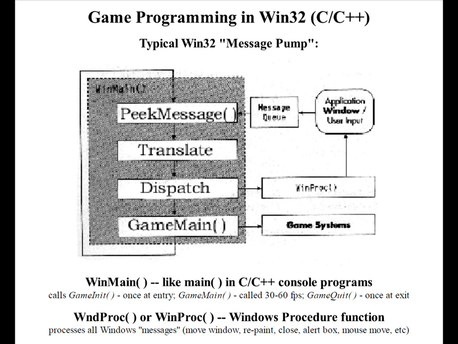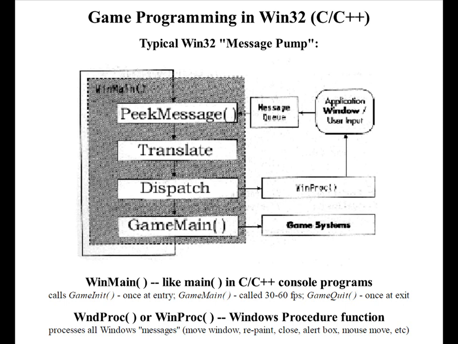And what is a message? A message is a thing like, okay, the window has been moved. Oh, Windows has to repaint. Oh, the person is trying to close the window. Things like that. And like a mouse move, you can read the mouse in WinProc. You can read the message that the mouse is moved, and then you can get the coordinates of the mouse.